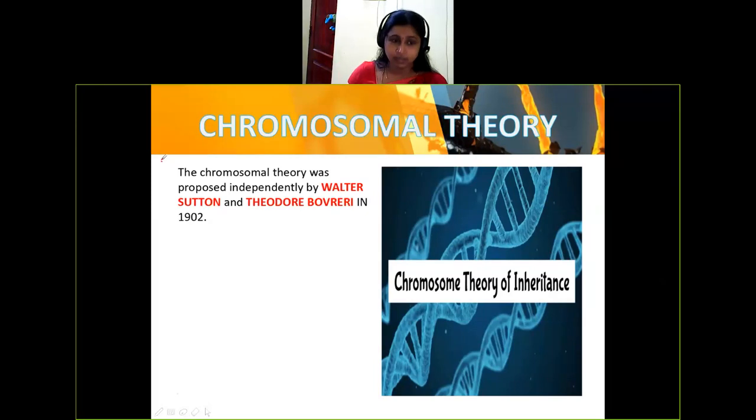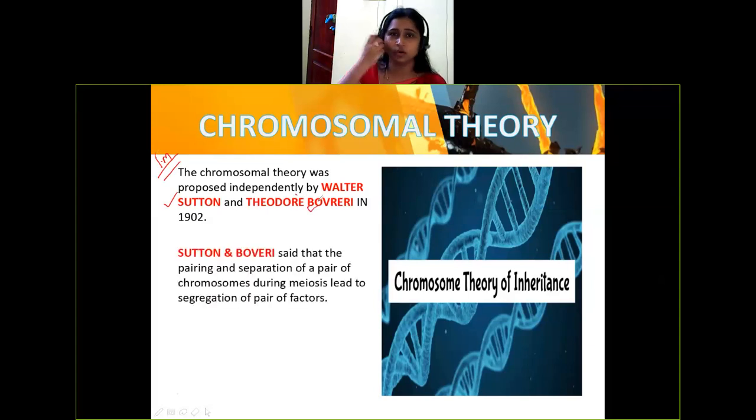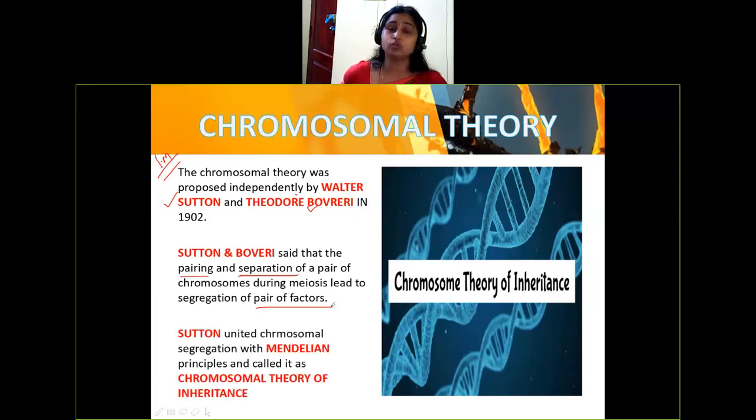Who proposed the chromosomal theory of inheritance? Sutton and Boveri, in the year 1902. What they said is that the pairing and separation of a pair of chromosomes during meiosis lead to segregation of a pair of factors. A very simple idea. Whenever we are learning about chromosomes, think about chromosomal division during cell division, and how the chromosomes are pulled apart.